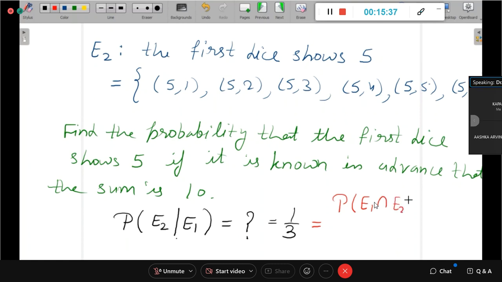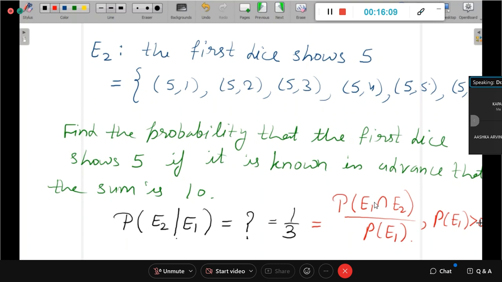It is the probability of E1 and E2 happening together divided by the probability of the event that has occurred already. So this is the mathematical definition, provided the probability in the denominator is strictly greater than 0. That's required for well-definedness.